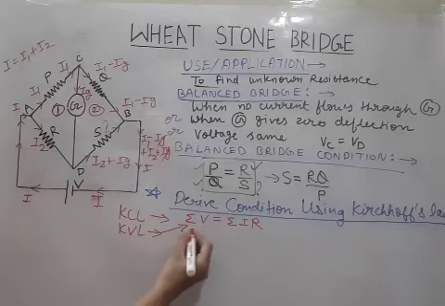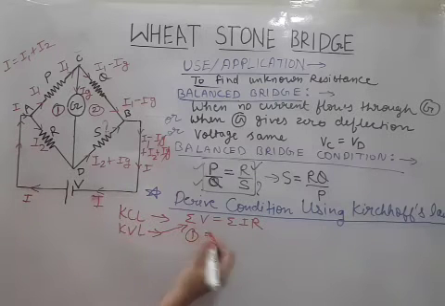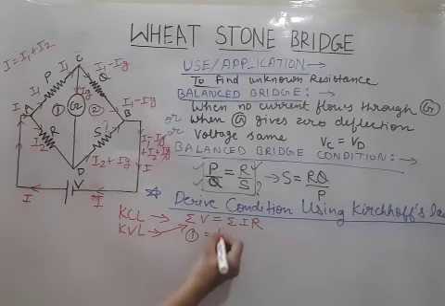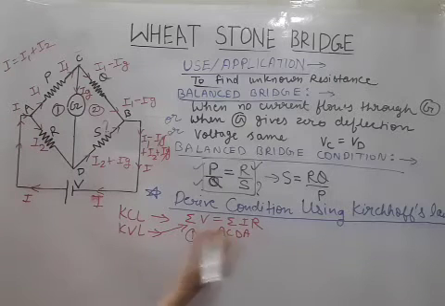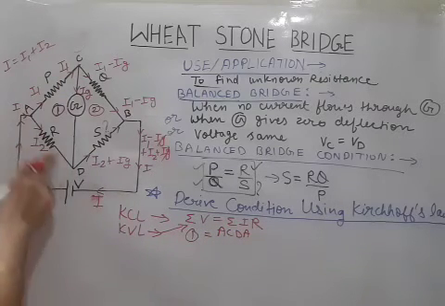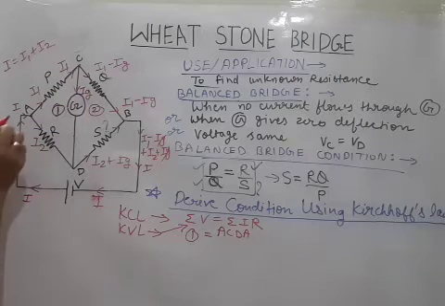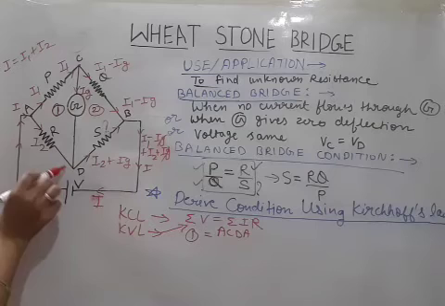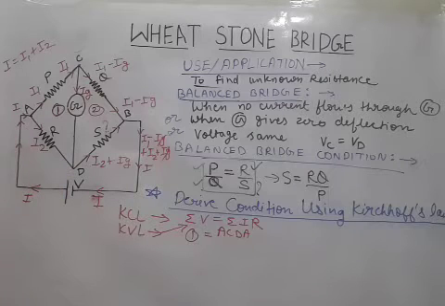The first loop is ACDA, we can also name it that way. ACDA means a triangular loop we have taken. Loop means a closed path. We go from here C, D, A, this way.